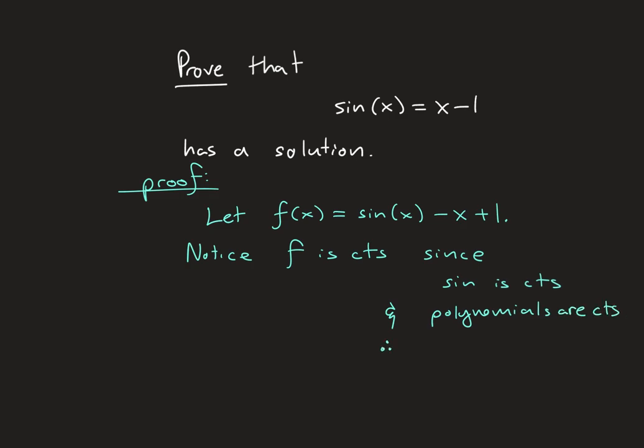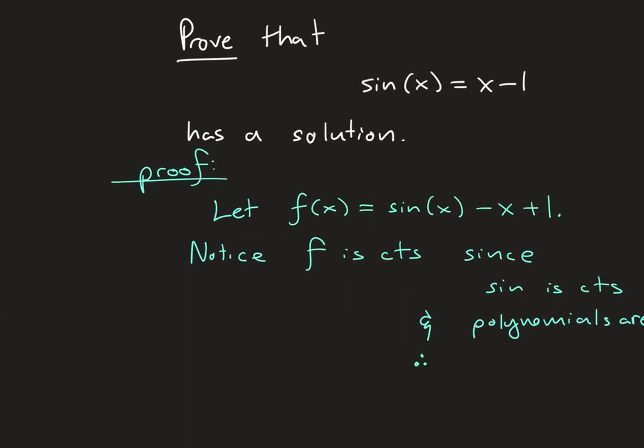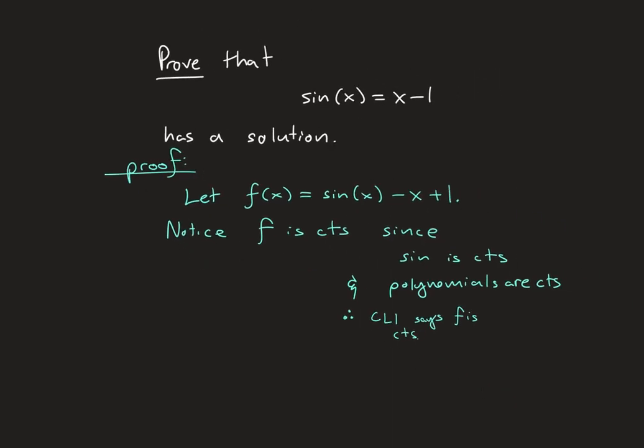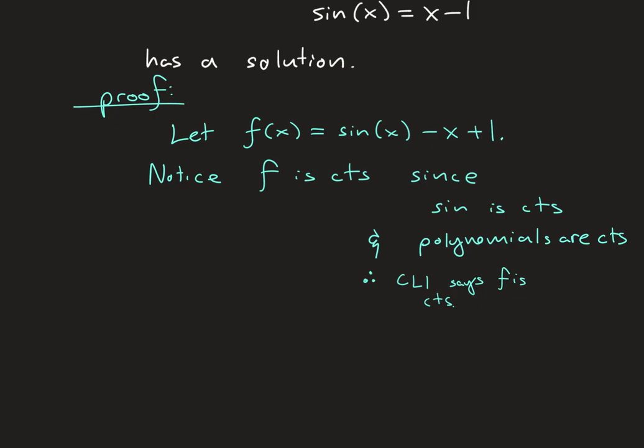Therefore, one of the continuity laws, sums of continuous functions, CL1, says f is continuous. F of x is simply the sum of sine and this polynomial. And the sum of two continuous functions is always continuous. Continuous functions are so well behaved.